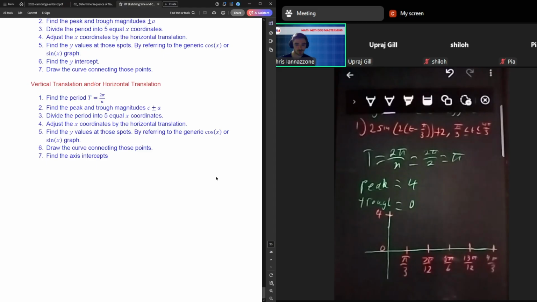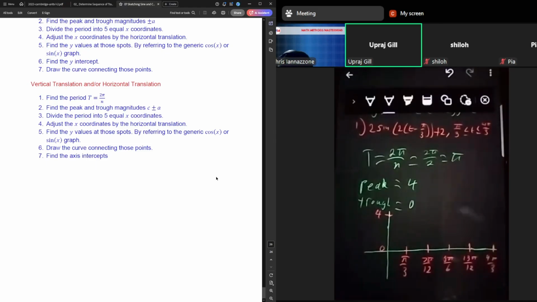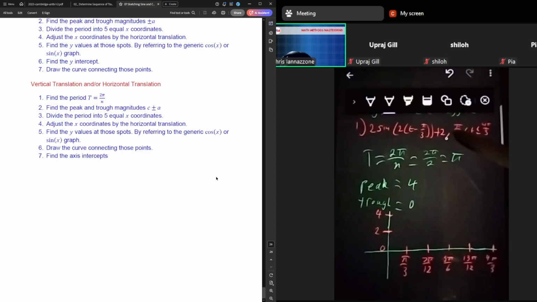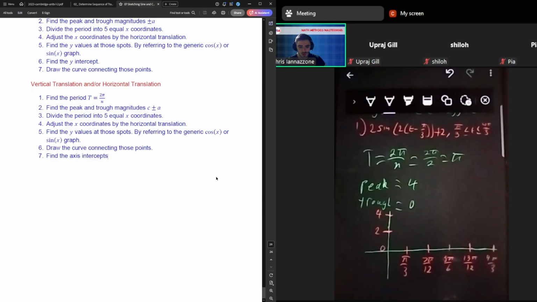Peak, trough, or middle? Does it start at 2? Yeah, because it starts at the middle. Our middle, which we didn't really clarify, is just going to be whatever the vertical translation is. And so the fact that it starts at 2 means the starting coordinate would therefore be what?